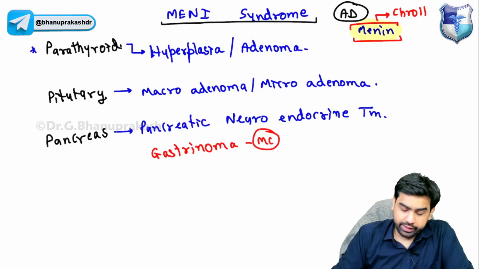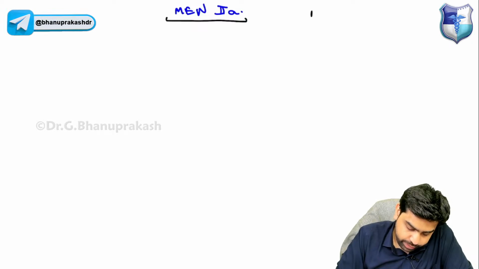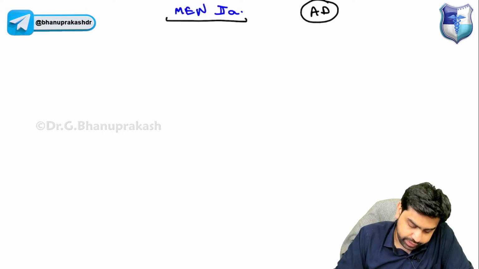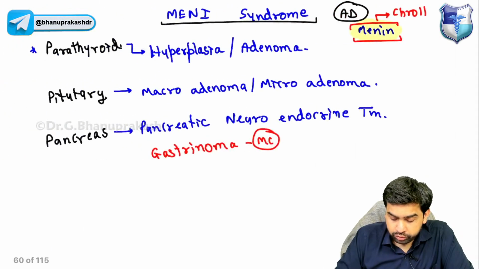Yeah, got it? Now, let's talk about the MEN 2A syndrome. What did I tell you over here? MEN 1, MEN 2A, MEN 2B, all are autosomal dominant. Here, what is the gene which is mutated?